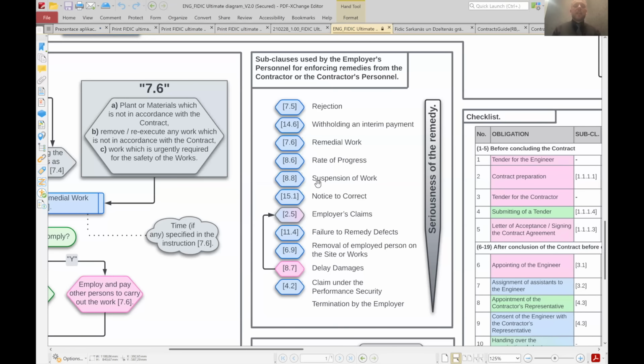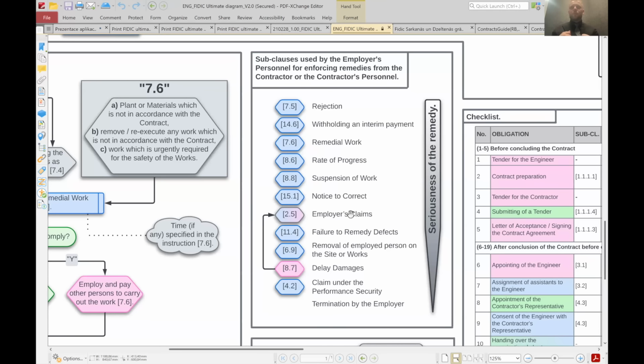And again, we have different procedures which are even more aggressive, even more harsh. So, for example, the notice to correct. The notice to correct is a little letter that is not really saying anything. It's just saying you've really done something wrong, and right now I'm really angry.